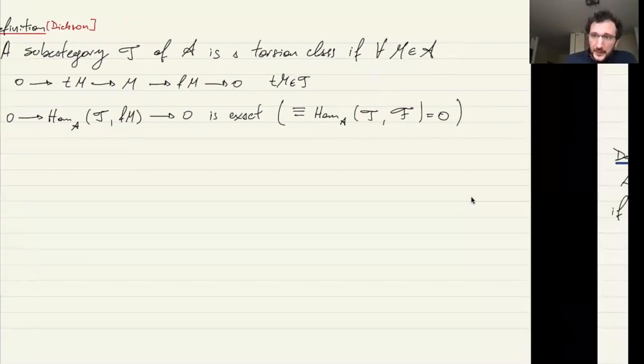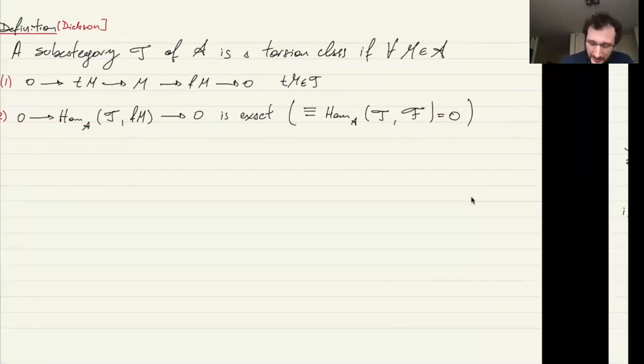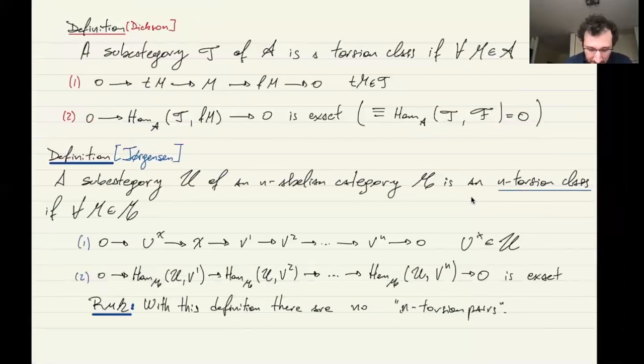So then using this phrasing of torsion classes, Peter Jørgensen defined the notion of an n-torsion class as a subcategory U of an n-abelian category M, such that for every object X in my n-abelian category, we have a torsion subobject.